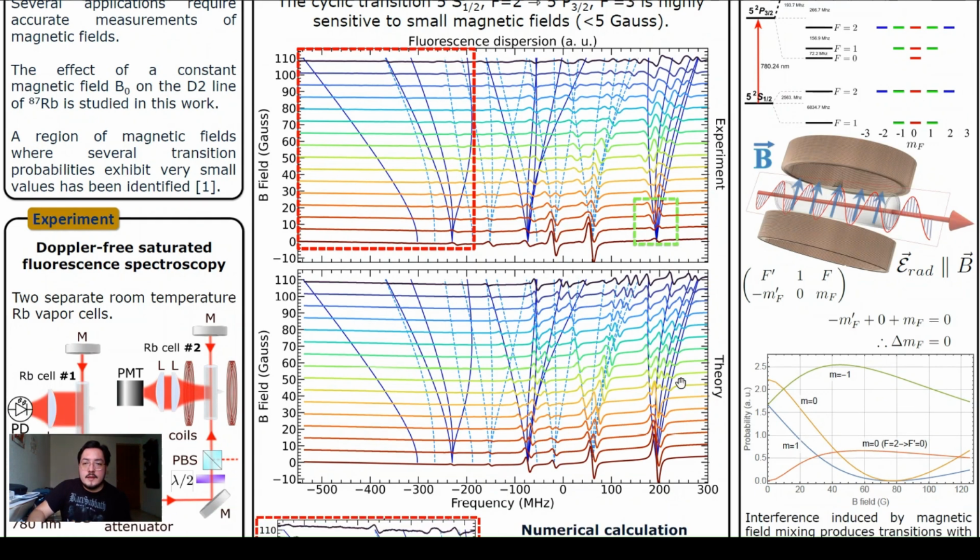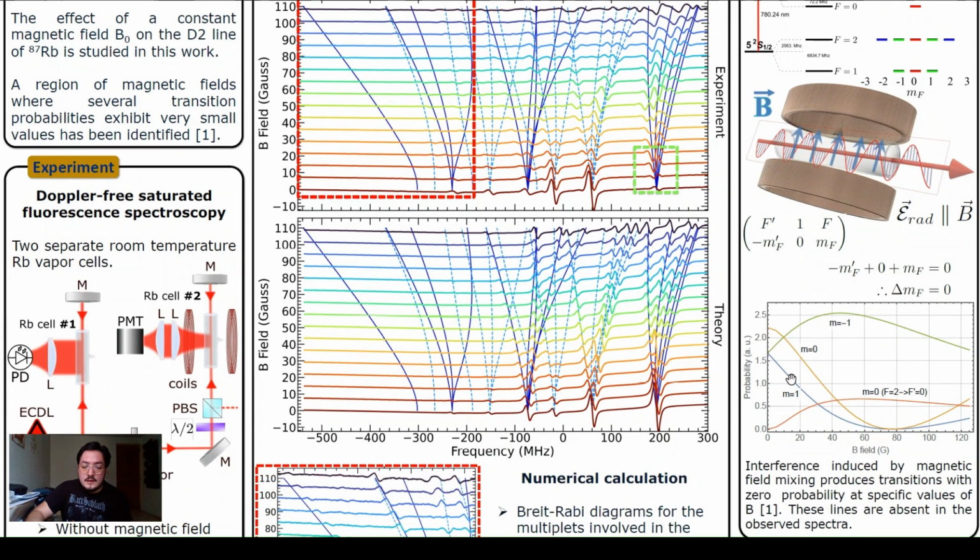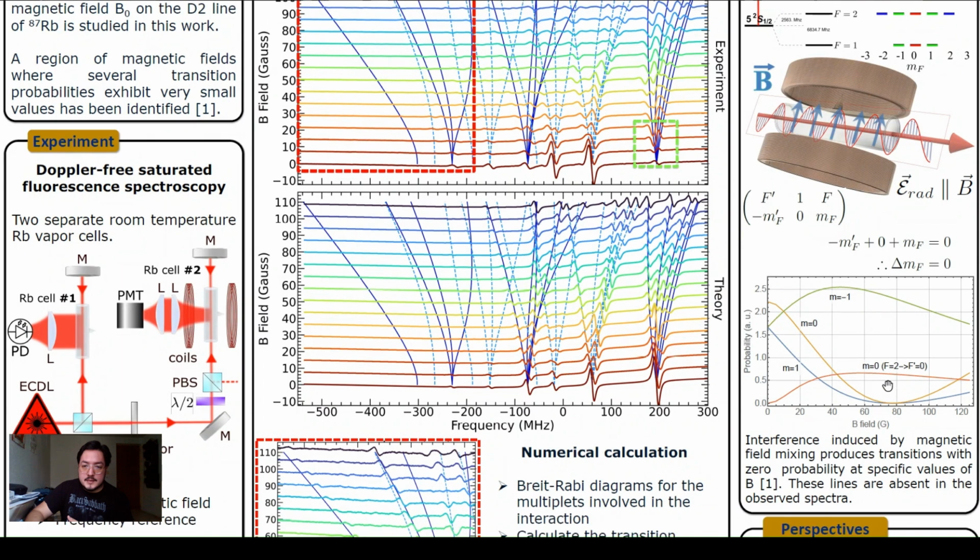With this in mind, a code was written to produce the Breit-Rabi diagrams of both initial and final multiplets, and also to calculate the transition matrix elements. The latter allows us to calculate the transition probability between the different energy levels of the Zeeman hyperfine splitting.